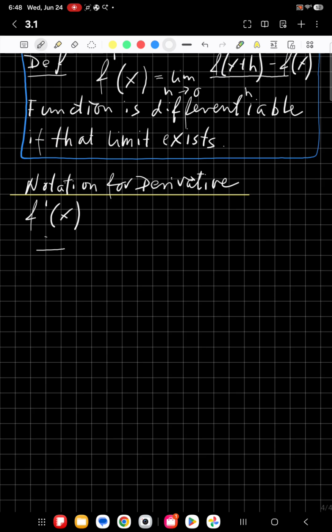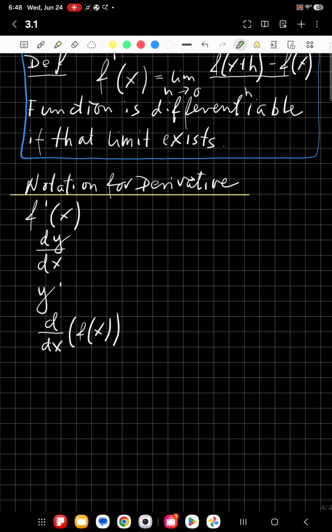Then we have this one, dy dx, so derivative with respect to x. Then we can just write y prime. We could do derivative of a function f of x with respect to x. Right, so that with respect to x is this one, right?